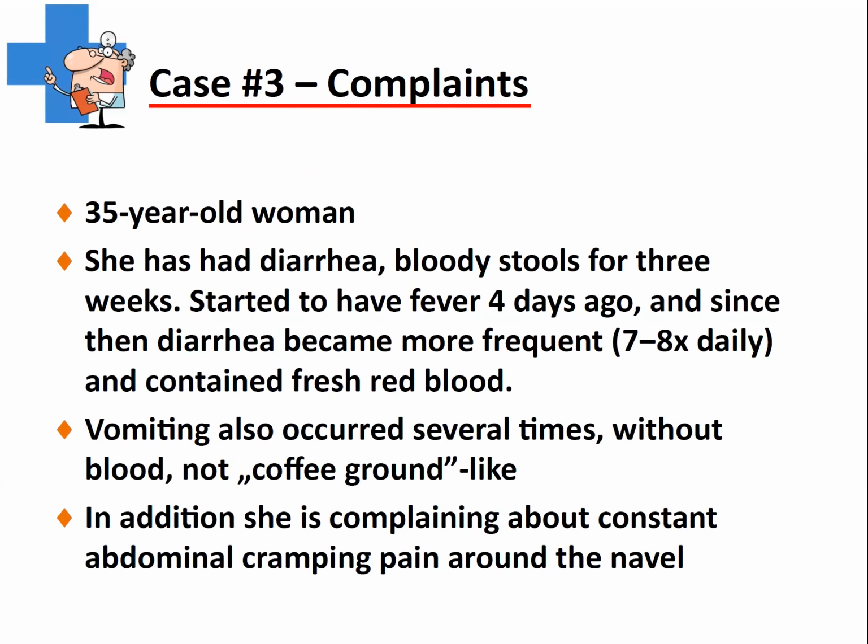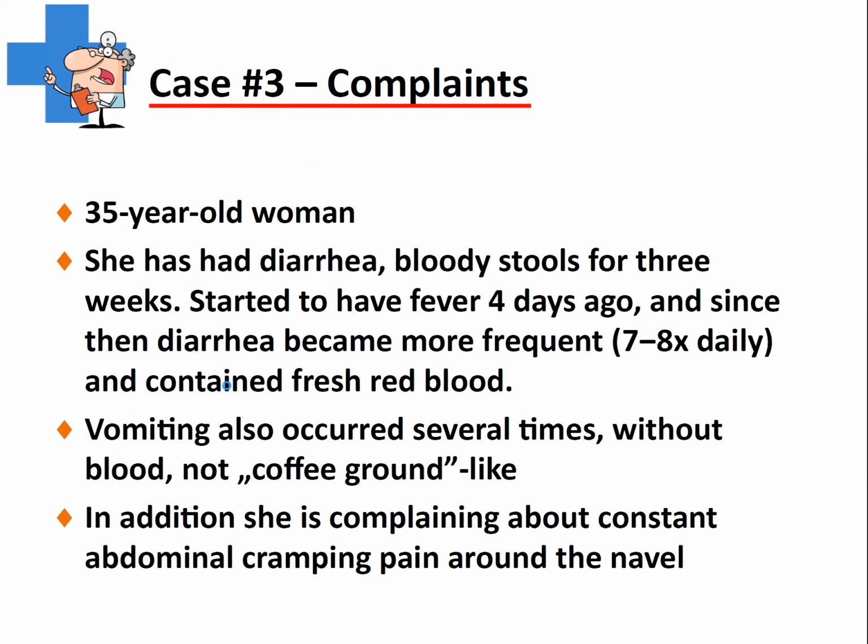Now, in this case, I think it's the last case, a 35-year-old woman. She has had diarrhea and bloody stool for 3 weeks, and started to have fever 4 days ago. Since then the diarrhea became more frequent, 7 to 8 times daily, and contained fresh red blood. Vomiting also occurred several times without blood, and not coffee-ground-like.